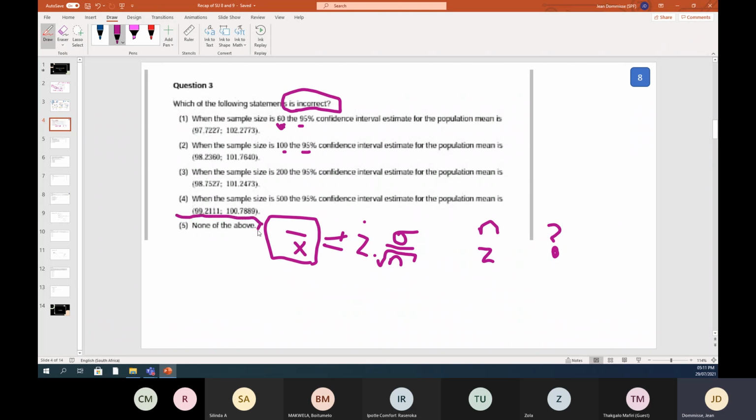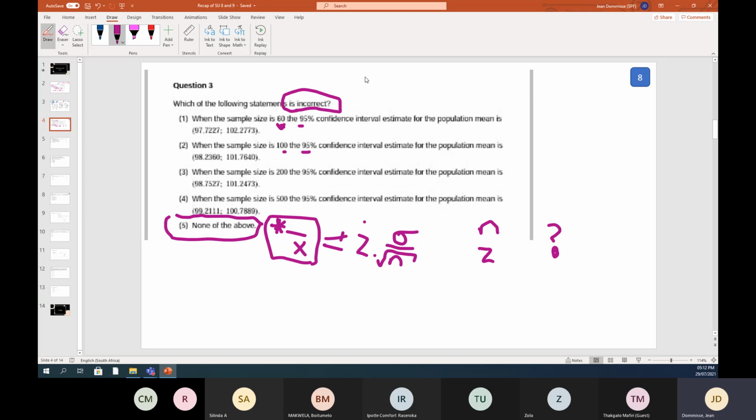So I would have said none of the above, because I need to have that at least to say something, or guessed. There's nothing in here that I can make assumptions on. When a sample size is that, confidence interval, I don't have enough information.